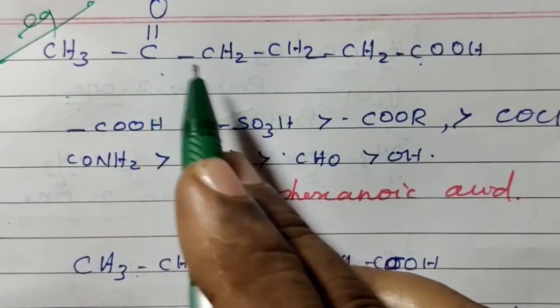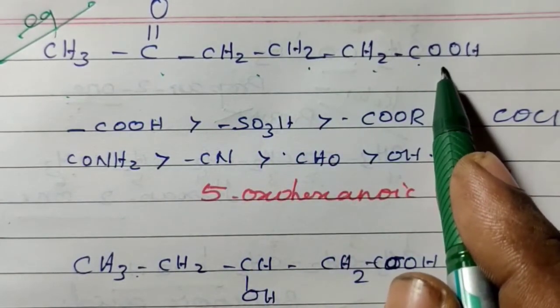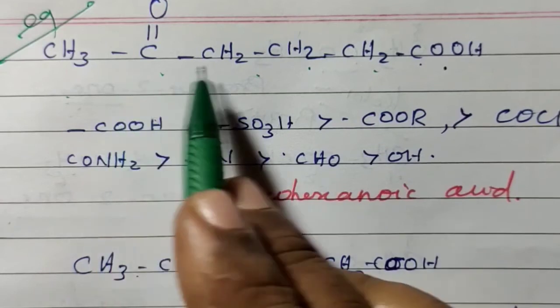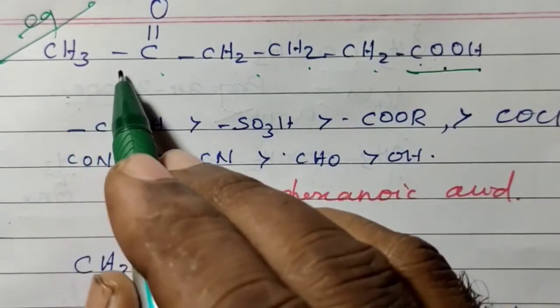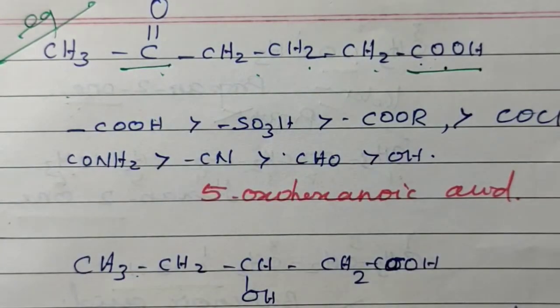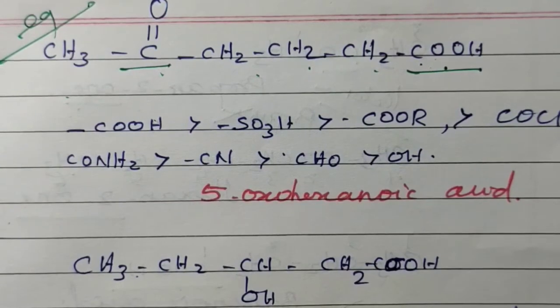Consider this example: CH3, C double bond O, CH2, CH2, CH2, COOH. There are 2 functional groups present. One is the carboxylic acid, another one is a keto group. If more than one functional group comes, it is called a multifunctional group compound. When a compound contains multifunctional groups, one of the functional groups acts as the primary functional group.